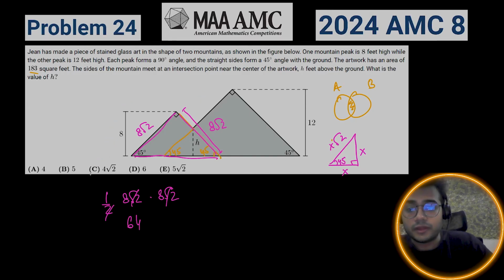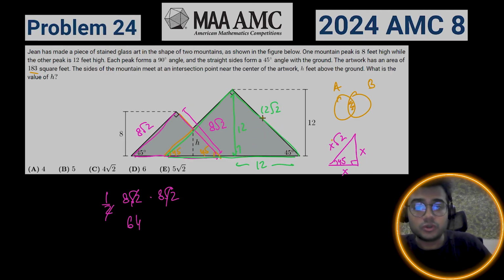Okay, now we're going to find the area of this, let's say, green one in the exact same way. We know that this is 12. It breaks it down into another 45, 45, 90. So this is also going to be 12. And this is going to be 12 square root of 2, right?